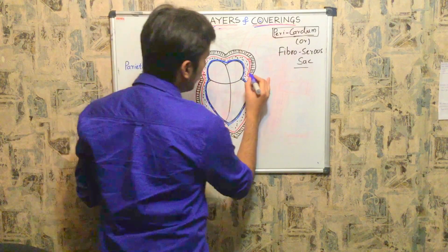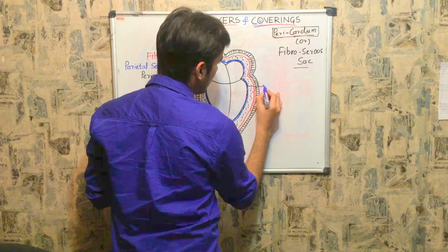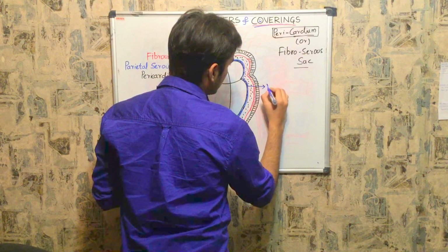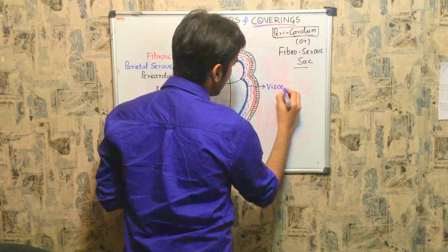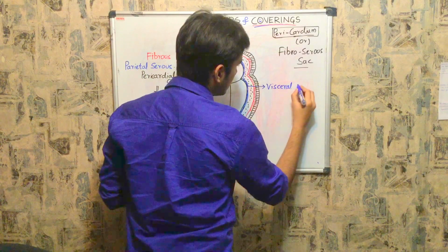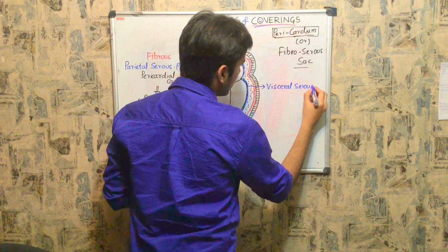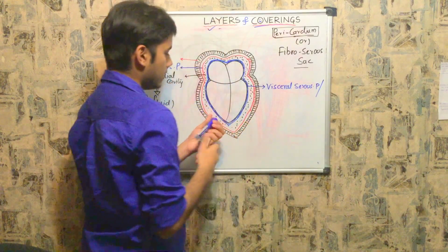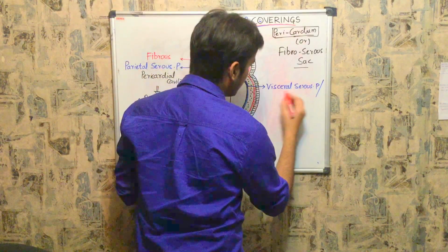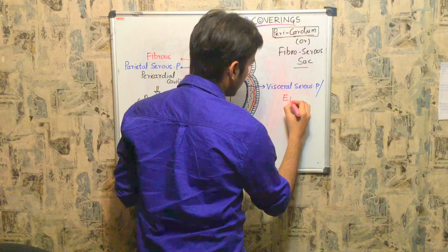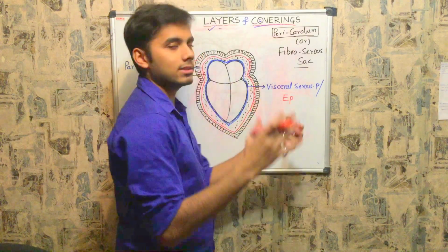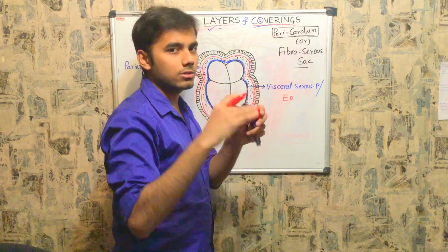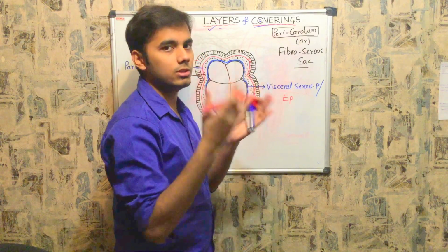And this innermost blue layer you call the visceral serous pericardium. The other name is simply epicardium, because as I told you, this layer is completely attached to it, so sometimes there will be a demarcation, or sometimes there will be no demarcation between these two layers.